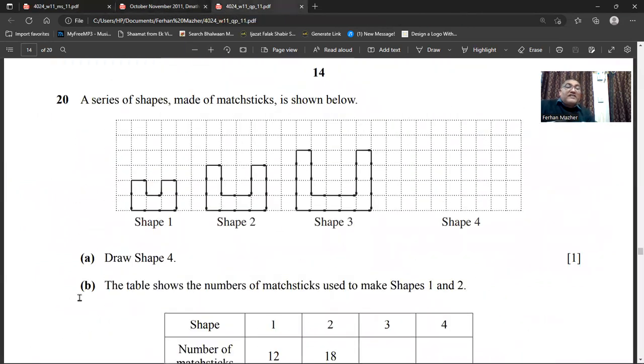Then the question is, the table shows the number of matchsticks used to make shape 1 and shape 2. So you can count these matchsticks. For shape number 3 we have to count, and then we have to count for shape number 4.